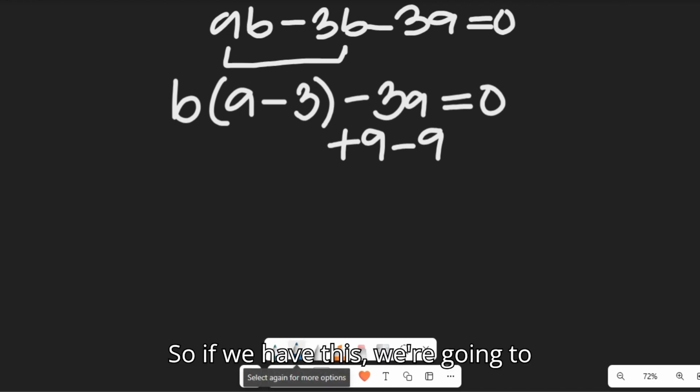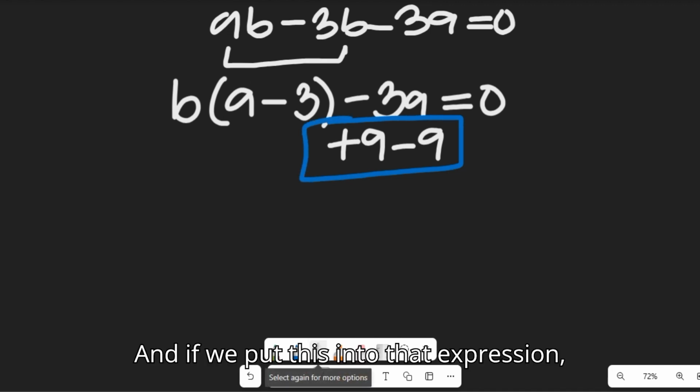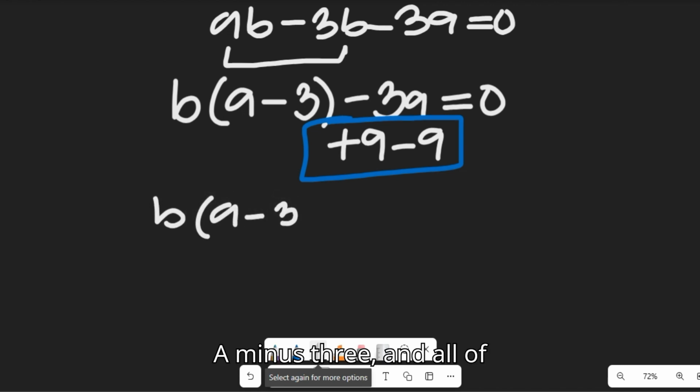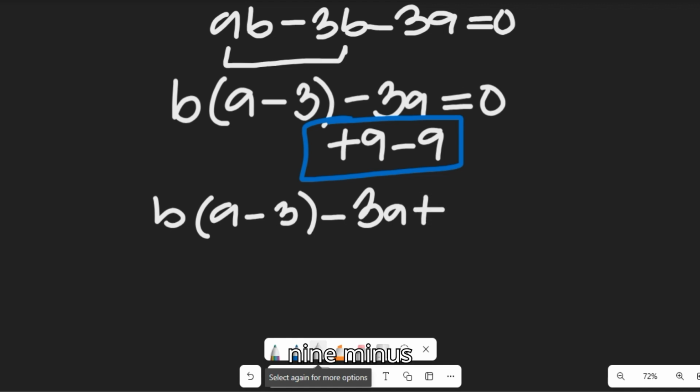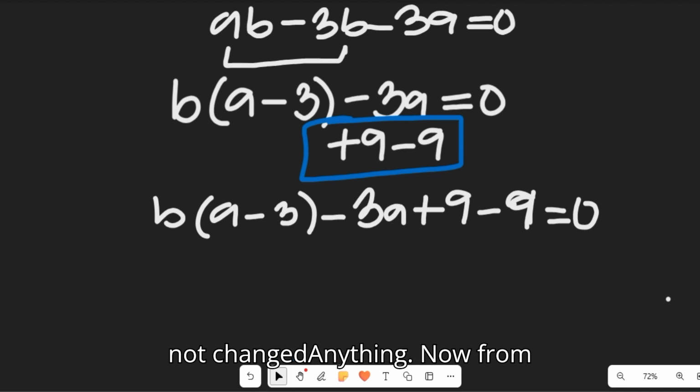So if we put this into that expression, we'll have b multiplying a minus 3, and all of these will be minus 3a plus 9 minus 9, and this will be equal to 0. We have not changed anything.